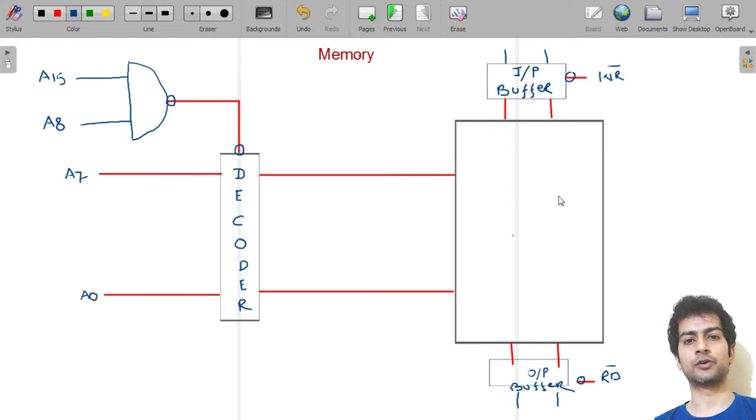We will look into it one by one. So let's start from the right hand side.